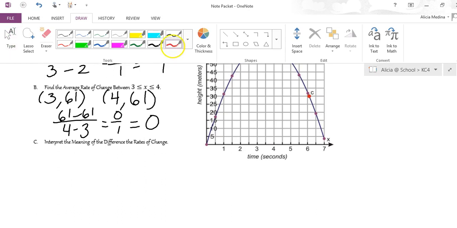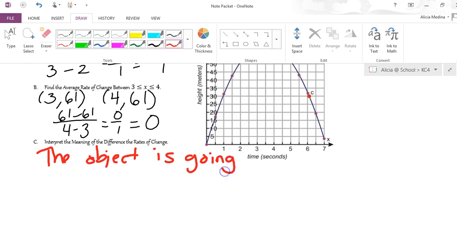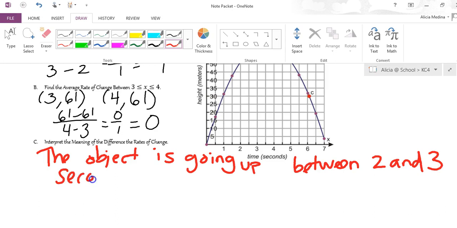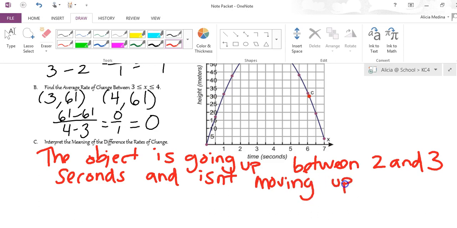So interpret the meaning of the difference between our average rates of change here. Well, the object is going up between 2 and 3 seconds, and isn't moving up or down between 3 and 4 seconds.